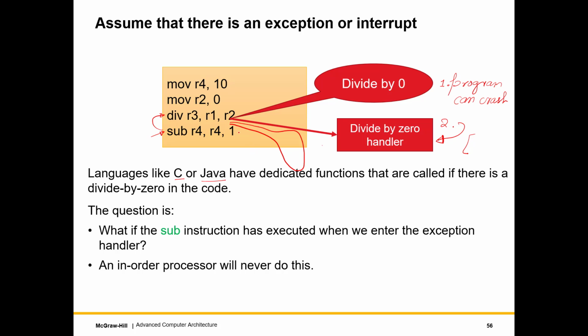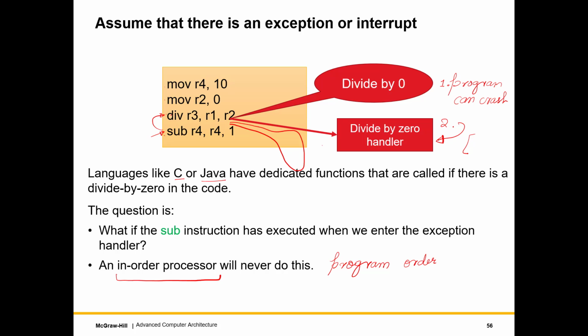So before telling you why this is incorrect behavior, let us first tell you that an in-order processor will never do this. Why not? Well, the reason it will not do it is because it executes instructions in program order, right? One after the other. First this, then this, then this, and then this.